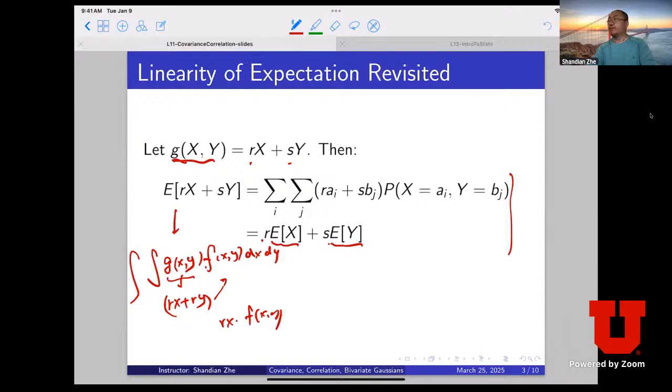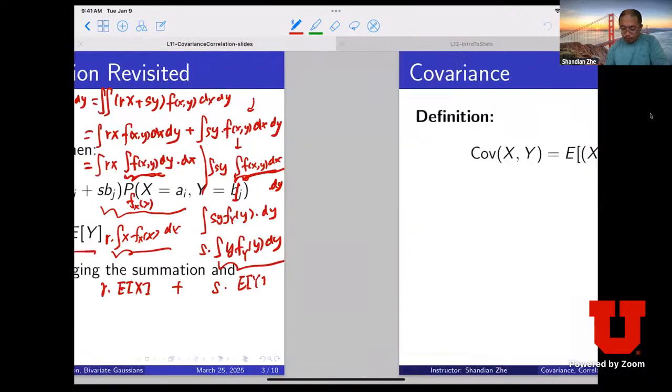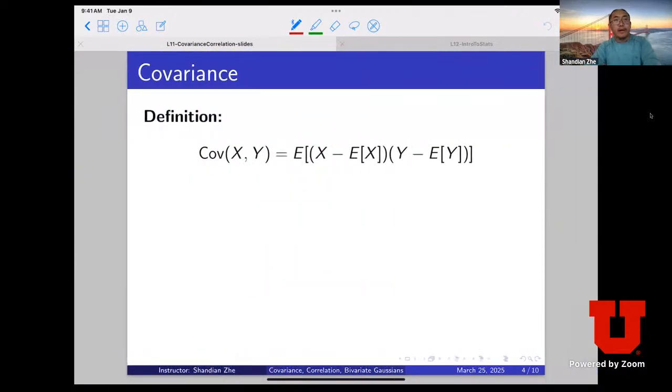Any question? Okay, and then we introduced the definition of covariance. Covariance is defined as a function of two random variables, X and Y. The covariance itself is actually an expectation over these two random variables.